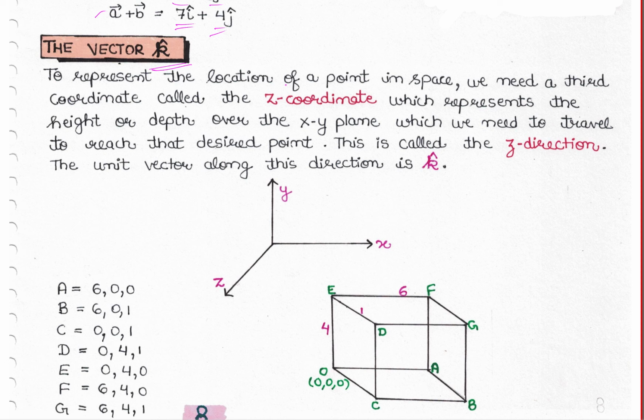To represent the location of a point in space, we need a third coordinate called the z component or z coordinate, which represents the height or depth over the xy plane that we need to travel to reach the desired point. This is called the z direction. The unit vector along this direction is z cap or r cap.